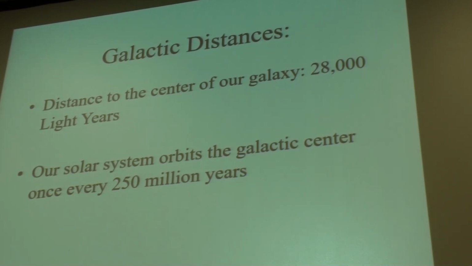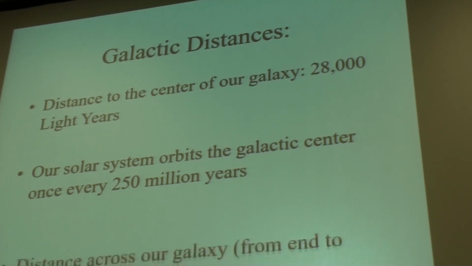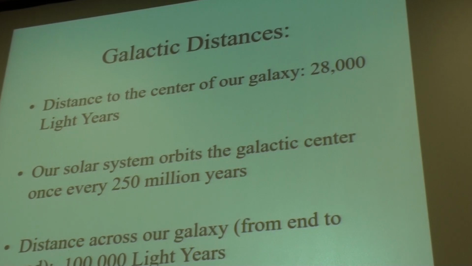But no, it's traveling about 140 miles a second. That's how fast our sun is going. And it still takes 250 million years to get all the way around. And the distance across our galaxy from end to end is something like 100,000 light years.